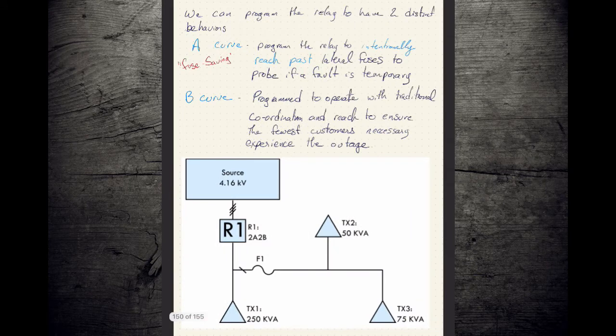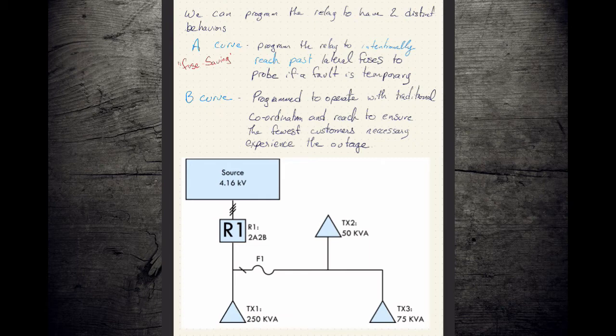And the magic here lies in the fact that these relays are a computer. We can program them with a couple of different behaviors, to do anything we want. So we define two separate behaviors: an A curve and a B curve.